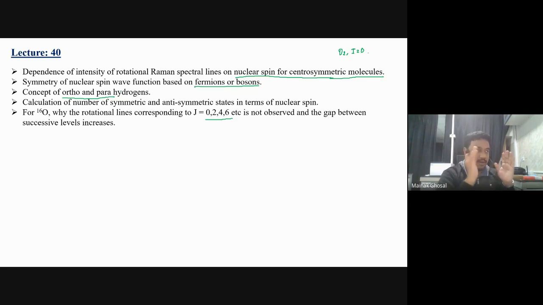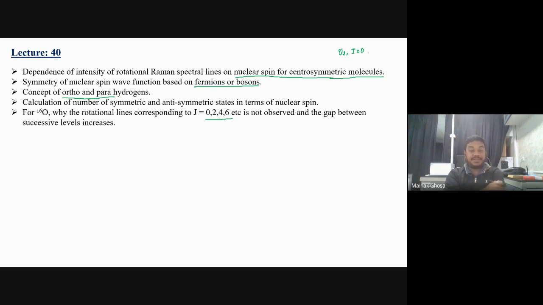When a hydrogen molecule is formed using two hydrogen atoms, the spins can be arranged in four different ways, as you have seen. Among these, three are completely symmetric and one is anti-symmetric.